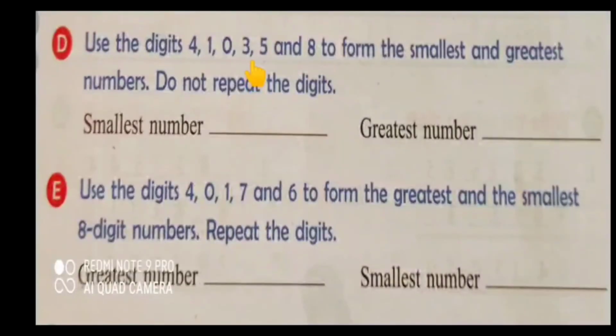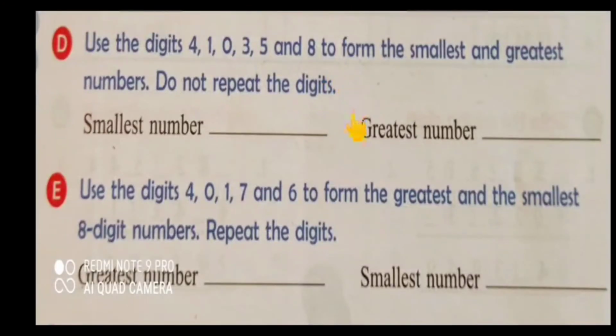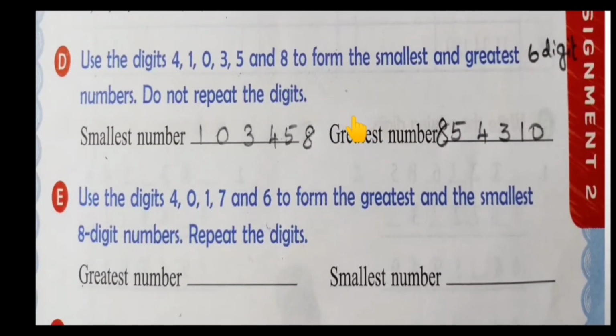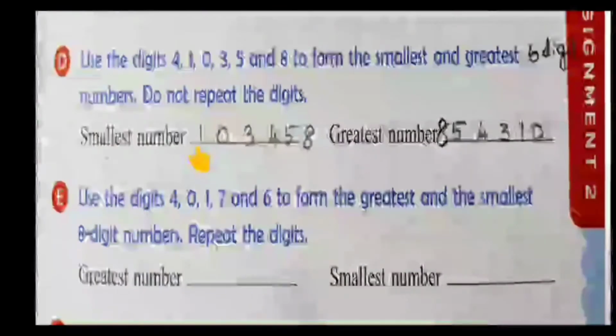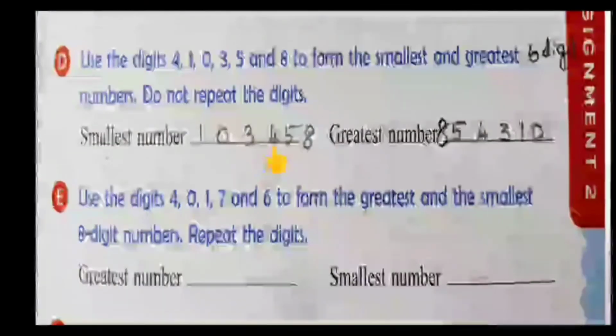After that 3, 4, 5 and 8. Zero has no value if we write it before 1. So that's why we are writing 1, then in second place 0, then 3, 4, 5, 8.